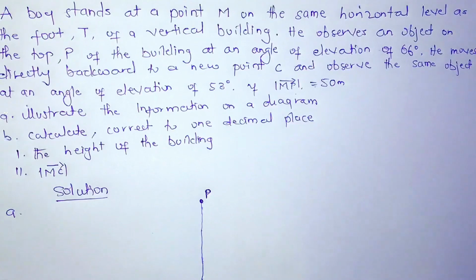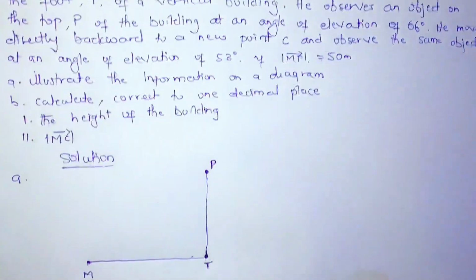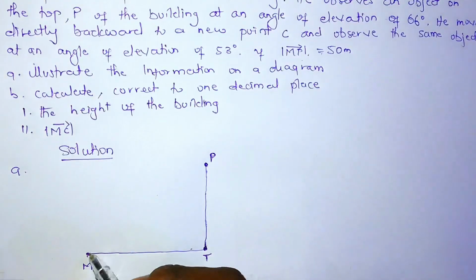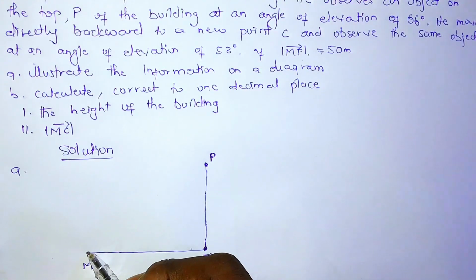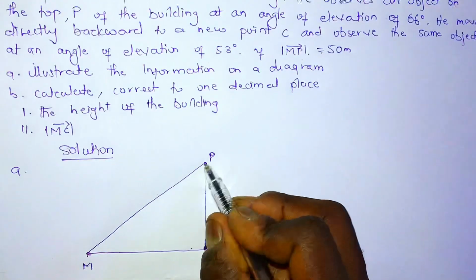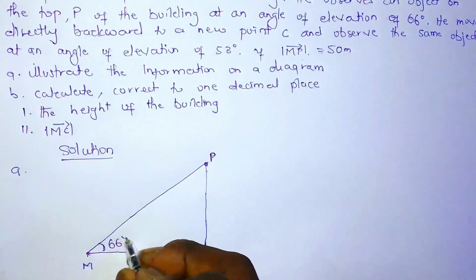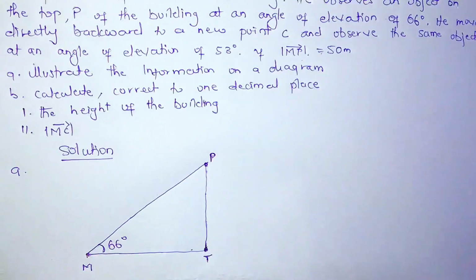So let's join this. Now from the point to the top, he observes an object, and the angle of elevation is 66 degrees.